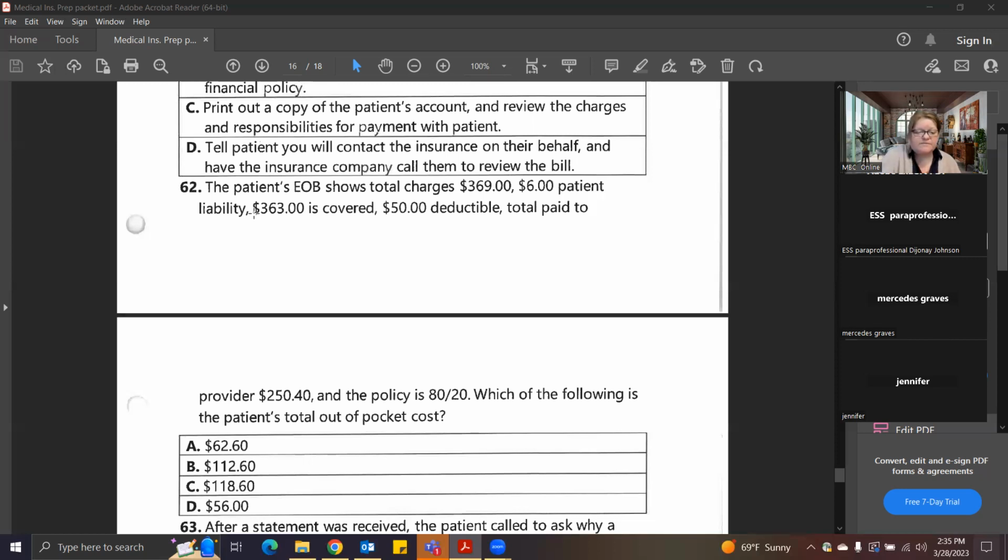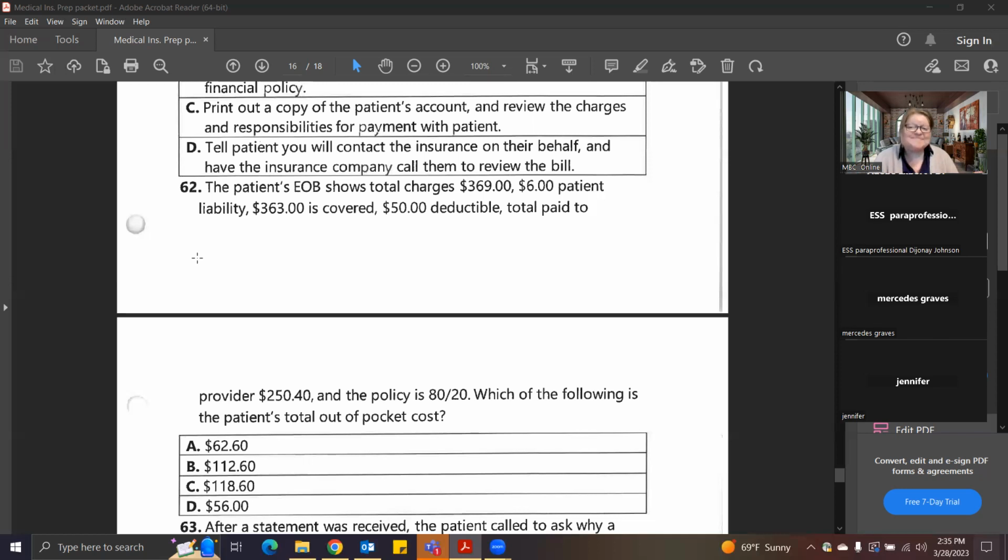So I'm actually going to break out my handy dandy calculator. We'll break it on down. All right, so 363 minus 250.40 comes to $112.60 left over. So if the insurance is not paying it, who's paying it?